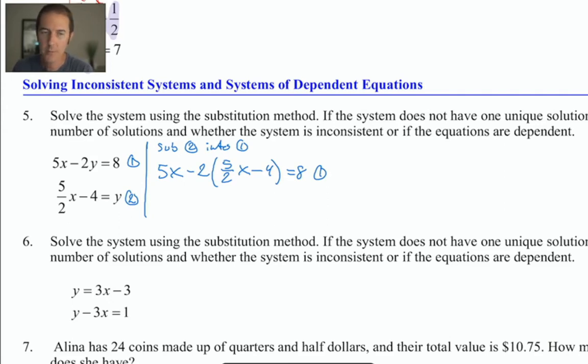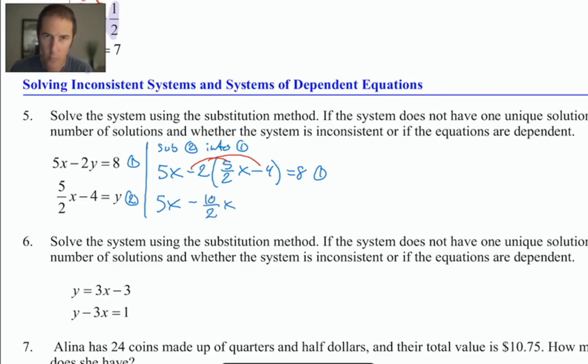And the next thing we have to do is distribution yet again. So let's distribute this multiplication by -2 to both of the terms inside the parentheses there. We've got 5x. Now you could write this as minus 10x over 2, or minus 10/2 x if you want to.